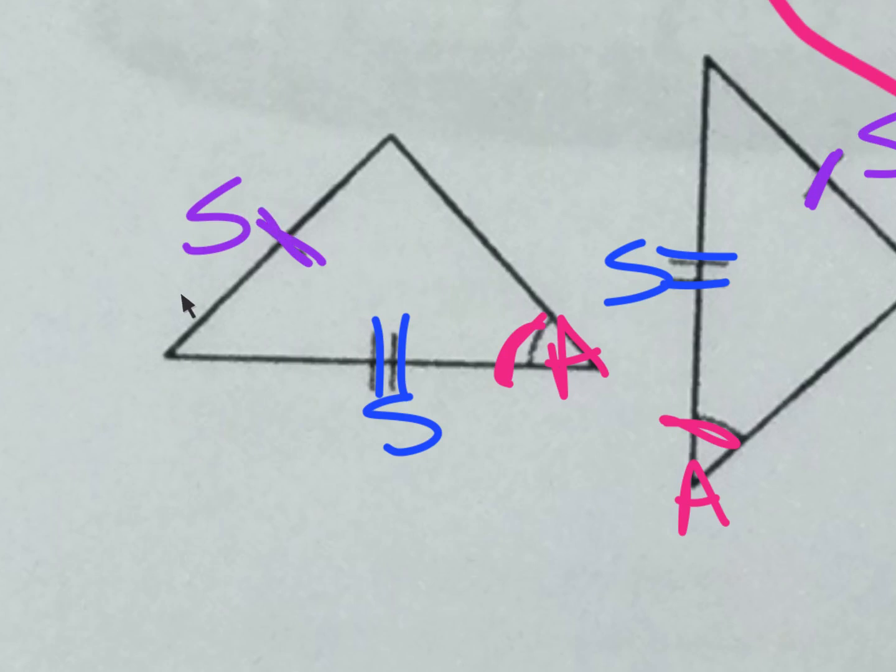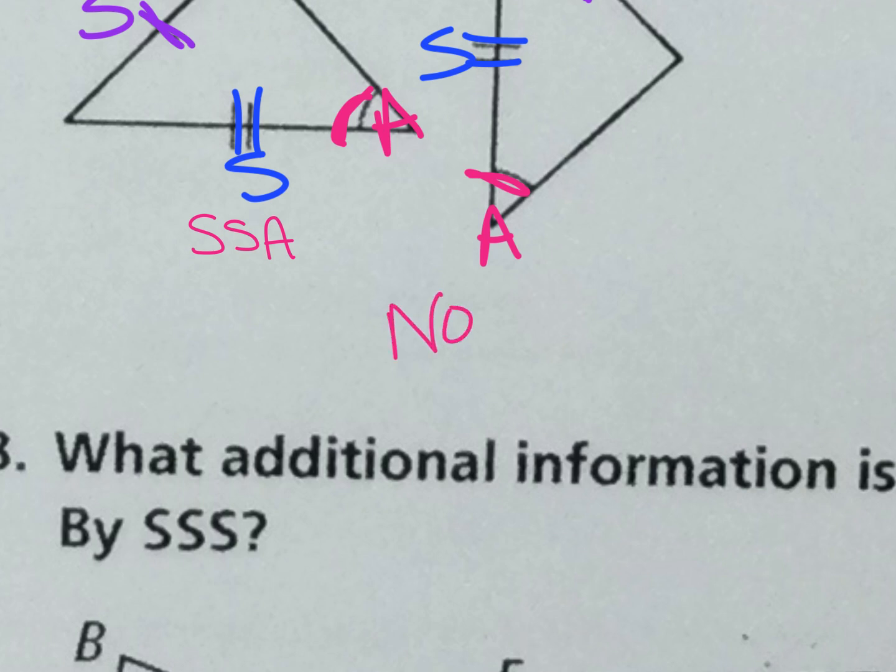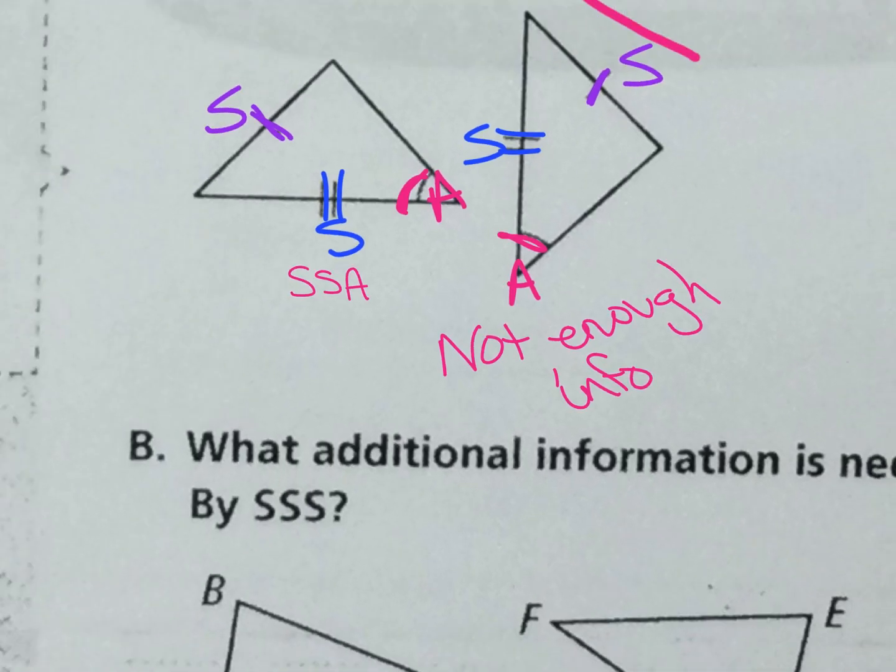If I'm here and I go this way, I'm skipping this, I don't know it, but then look, I've got the side. So I'm only skipping one piece of information. I can do that. So this either is side, side, angle, or angle, side, side, and it doesn't work either way. So this is a no. It's not that they're not congruent, it's really not enough info. We just don't have enough info to prove it.